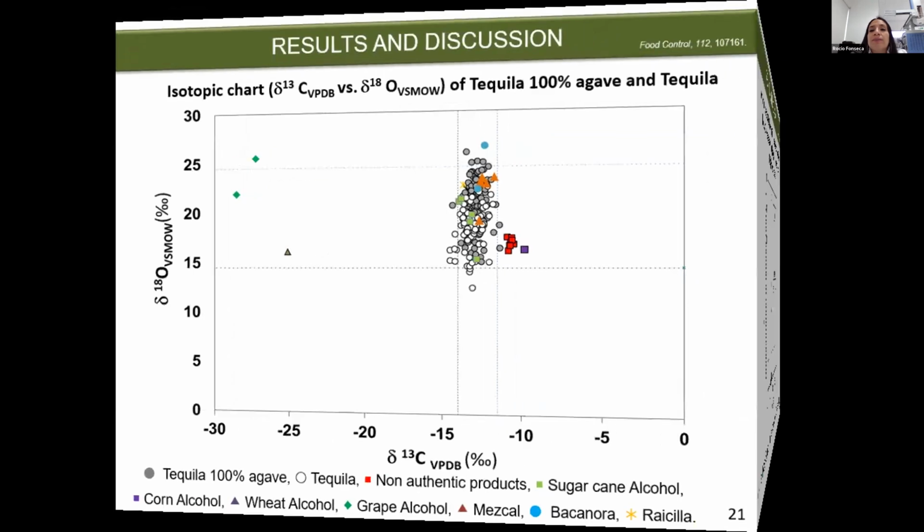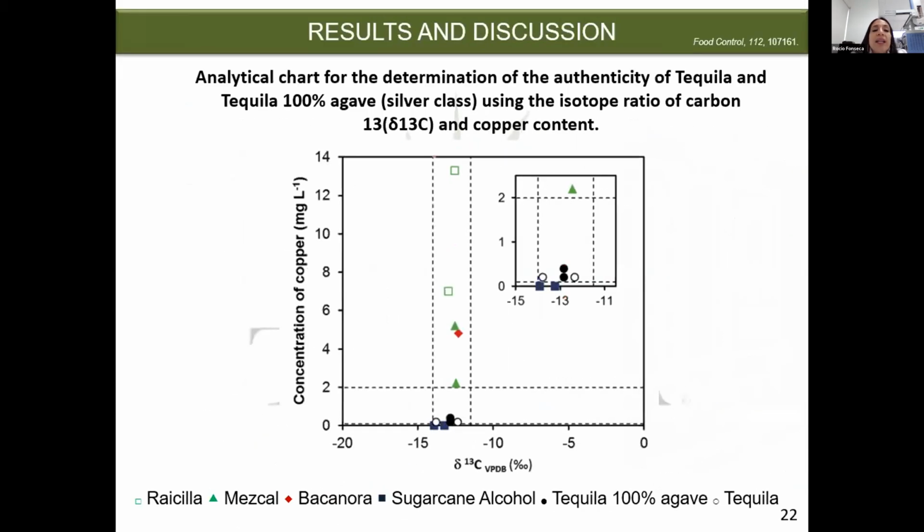For this reason, we decided to complement the isotopic chart with the copper content with the aim to improve the specificity. We selected 12 samples: two of tequila 100% agave, two tequilas, two alcohols from sugarcane, two mezcals, two bacanoras, and two raicillas.